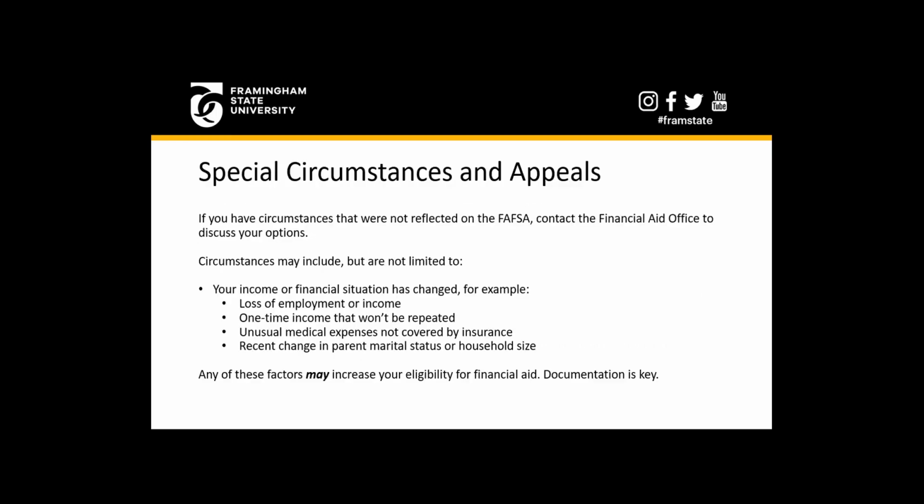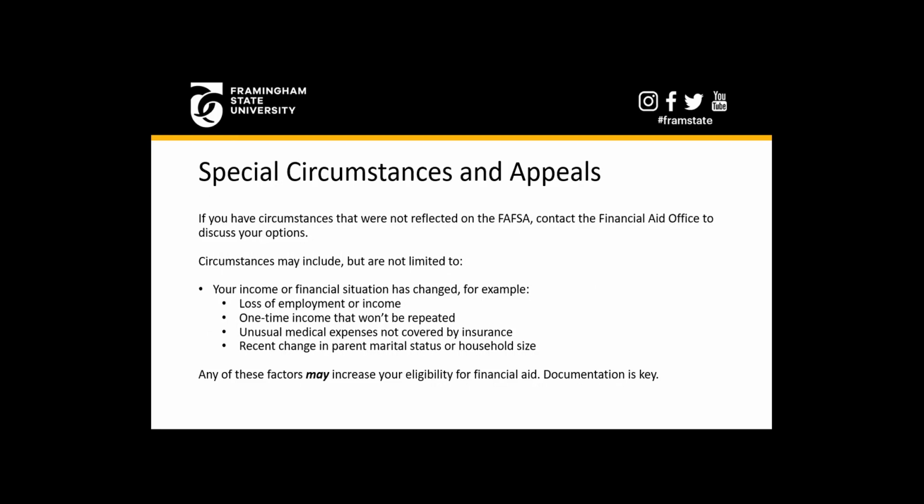And then, of course, if you have special circumstances not reflected on the FAFSA, contact the financial aid office to discuss your options. Circumstances could include, but are not limited to, a loss of income or employment, one-time income that won't be repeated, high out-of-pocket medical expenses that were paid and not covered by insurance, or a recent change in parent marital status or household size.